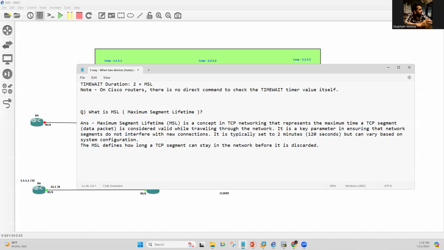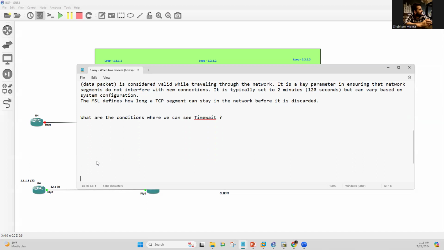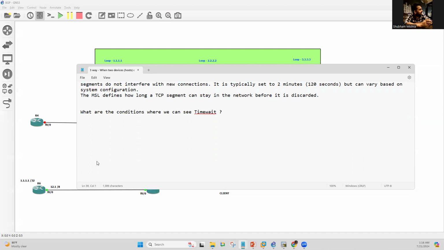Okay. I have one more question. Who can tell me the answer? What are the conditions where we generally see TIME_WAIT? Anyone? No?